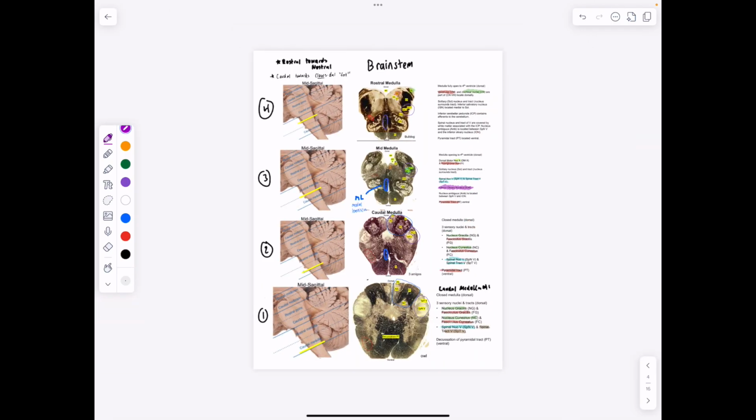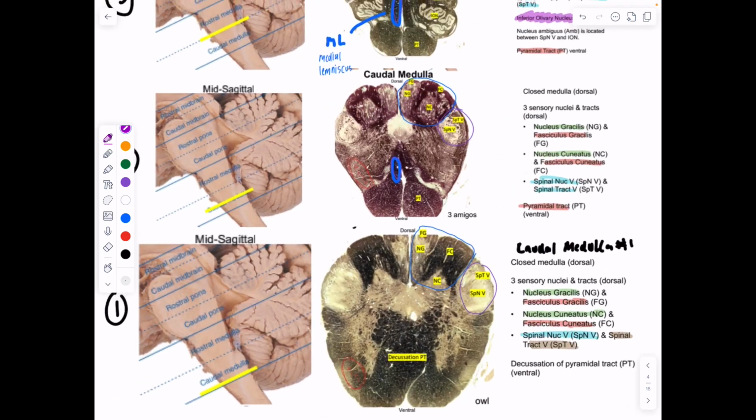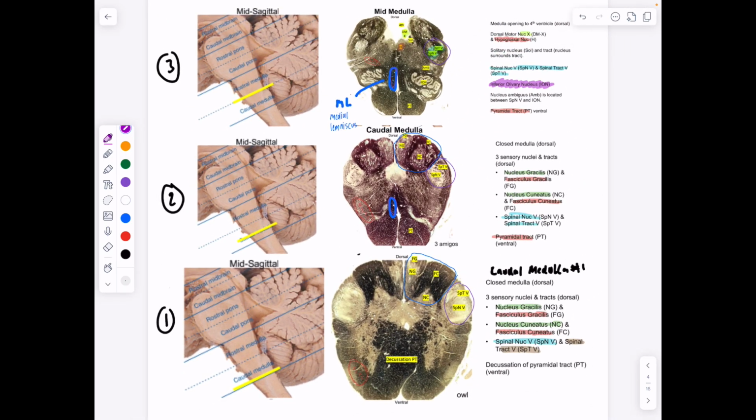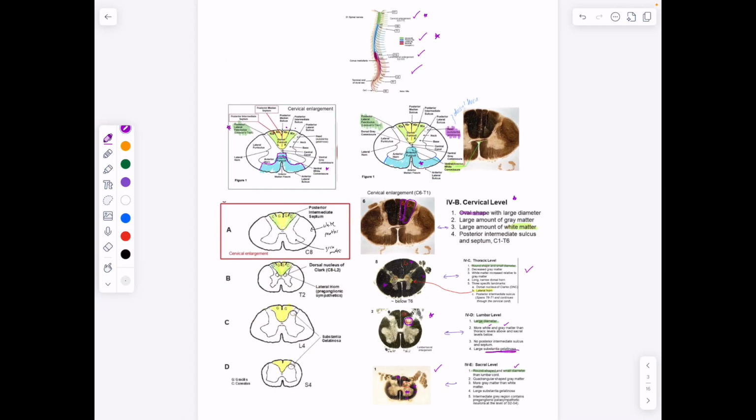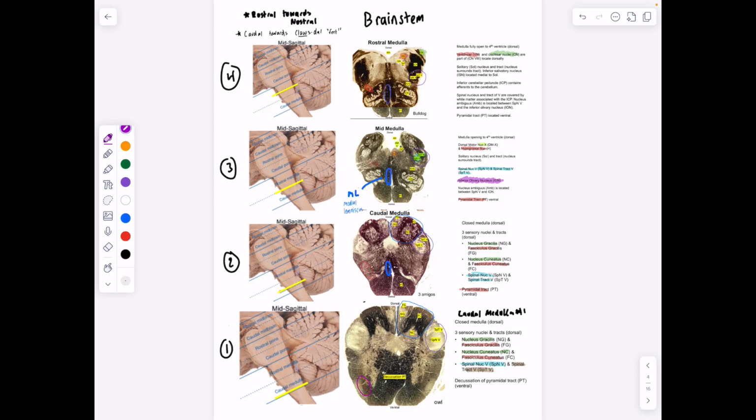Okay, so then we had the nice cross sections of the brainstem. These are just things to point out, but today we're going to be concerned with the anterior funiculi. We're going to be dealing with axons in this region for the ALS tract.